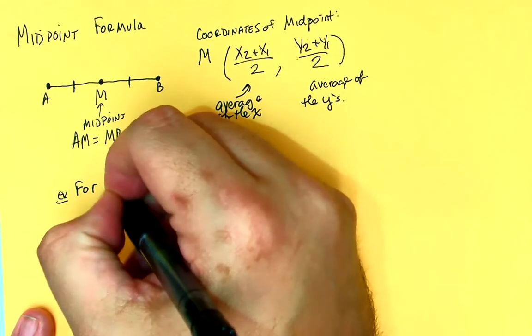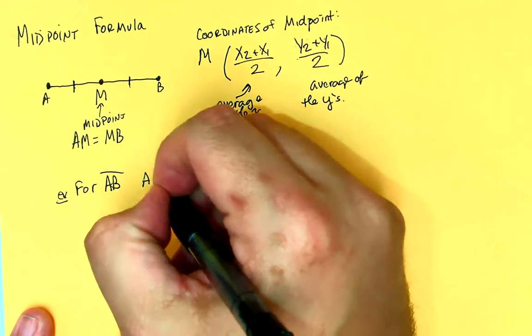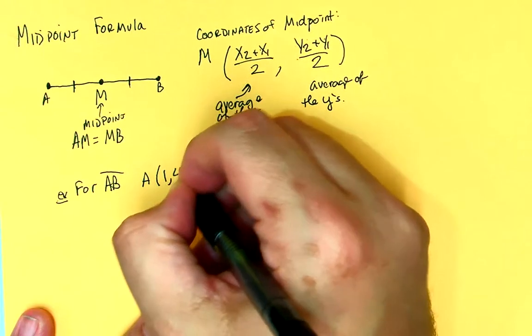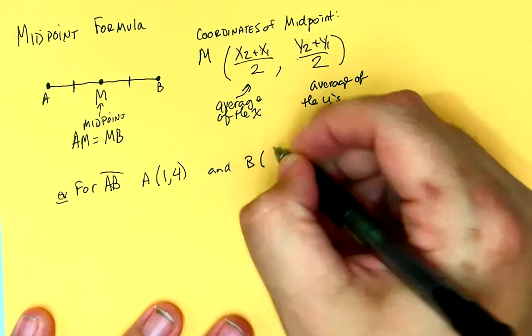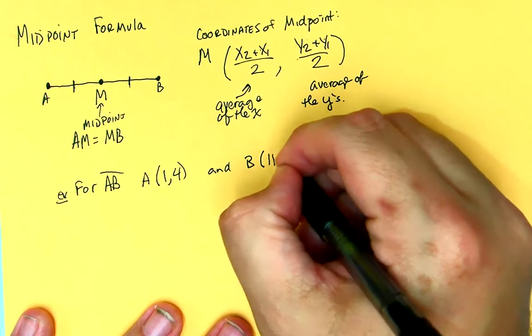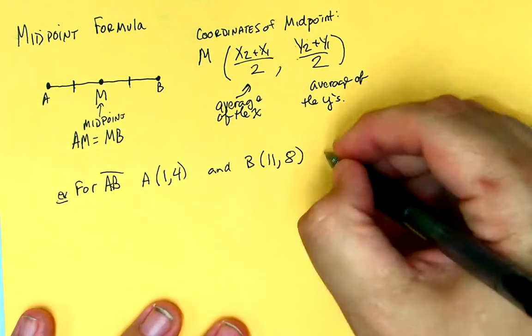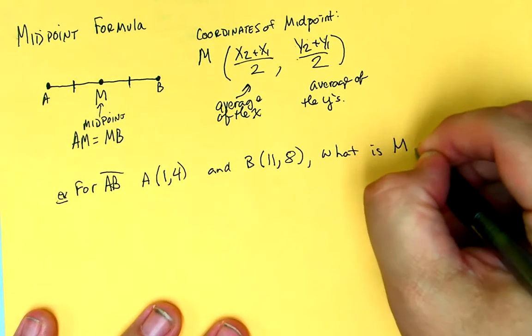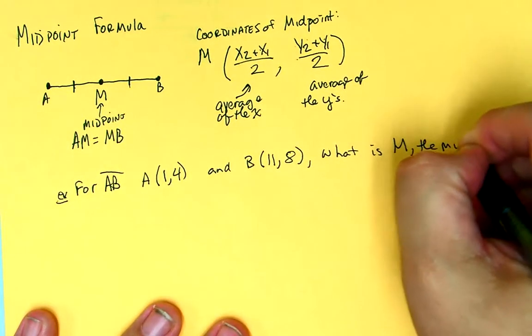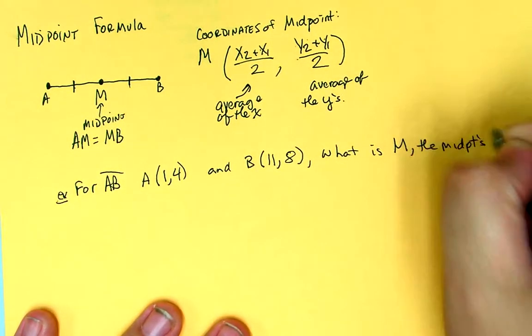Now for the segment AB, where A is at 1, 4, and B is at 11, 8, what are M, the midpoint's, coordinates?